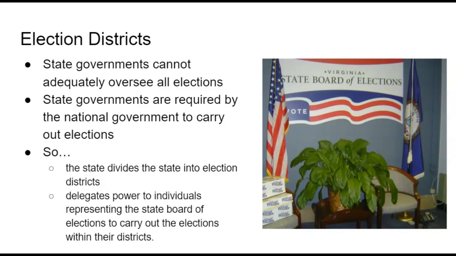However, they're required by the national government to carry out elections. So they divide the state into election districts, and they delegate power to individuals representing this state board of elections to carry out the elections within their districts. That way, a smaller group of people is tackling this issue of elections, and the state government can worry about other things.